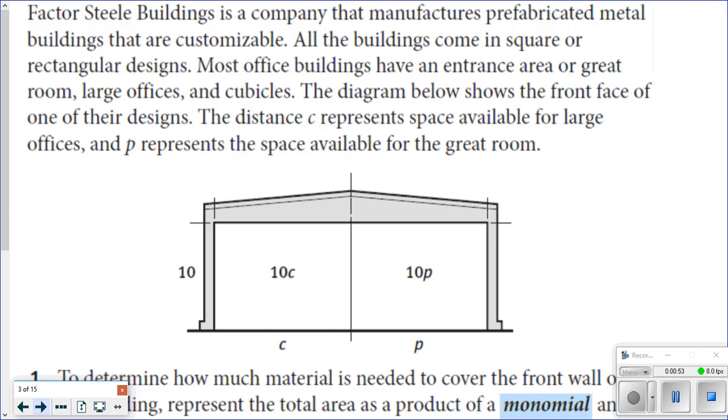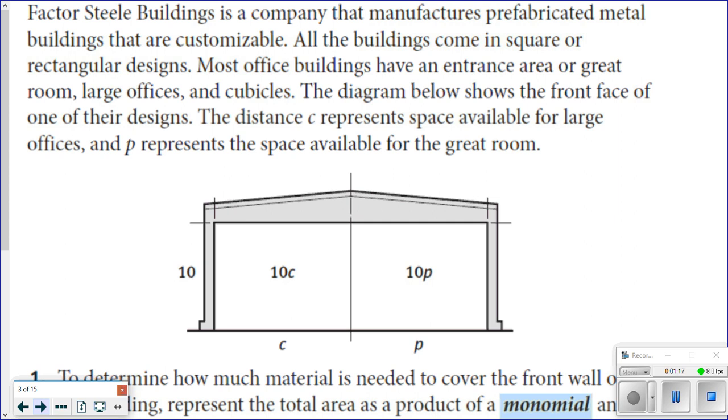But if we are looking, we have Factor Steel Buildings, which is a company that manufactures prefabricated metal buildings that are customizable. All buildings come in a square or rectangular design. Most office buildings have an entrance area or a great room, large offices, and cubicles. The diagram below shows the front face of one of their designs.